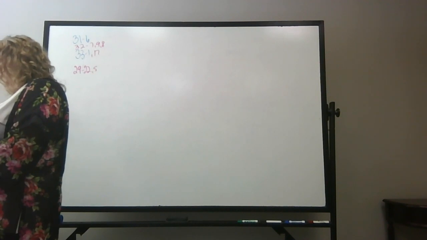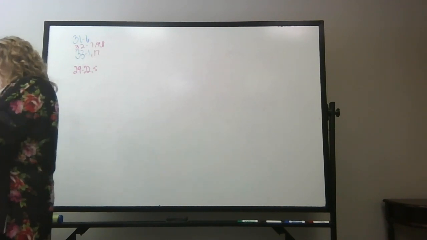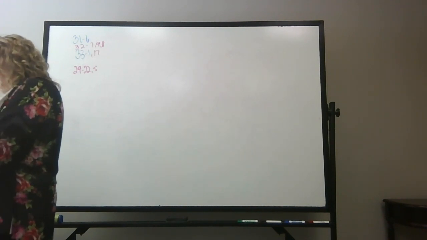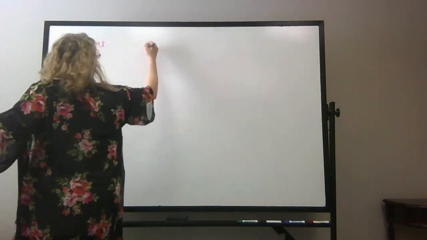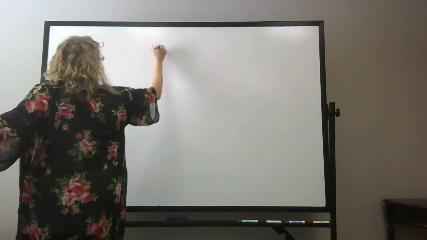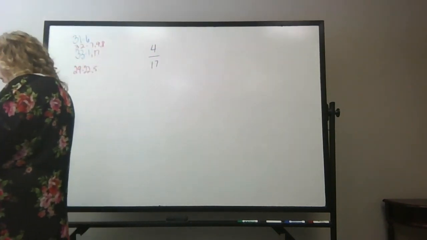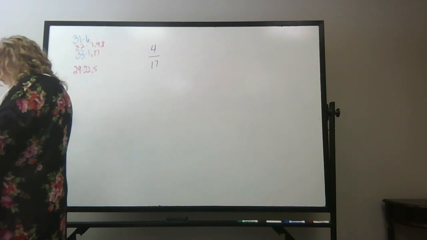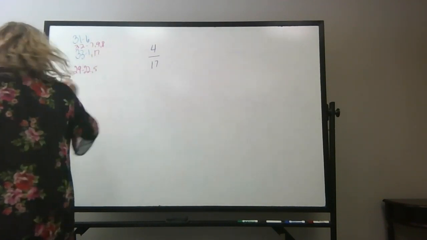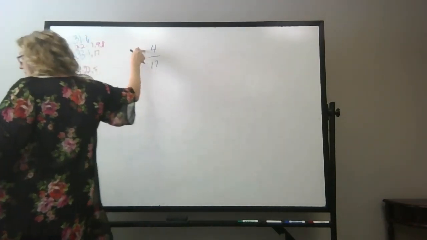So again, this is very similar to what we've already done. They said 4/17 of the hedonists were also Sybarites. So I'm going to have that I have 4/17 of the hedonists are also Sybarites. If 104 are Sybarites, so we've got 4 out of the 17 are Sybarites.